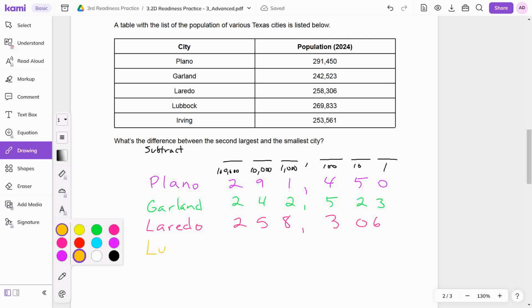Lubbock, it's got 269,833. And then Irving, 253,561. Probably kind of near the middle.